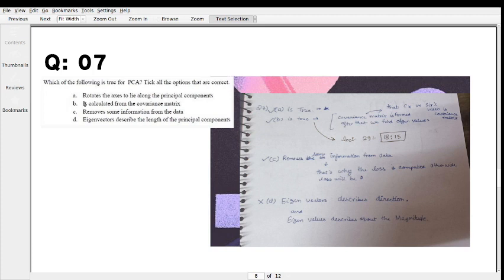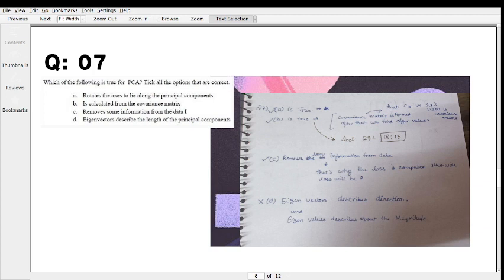Now in option B, it is saying that PCA is calculated from the covariance matrix. Yes, the covariance matrix is used, and in the first video he said Cx, and you can see in lecture 29 at 8 minutes 15 seconds. And option C says it removes some information from the data.